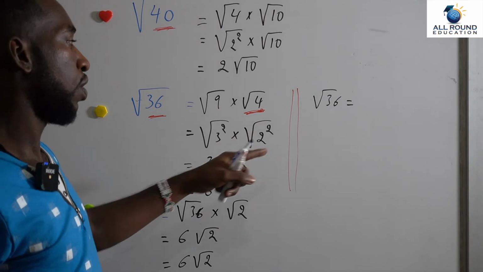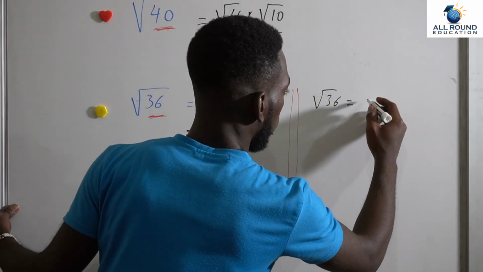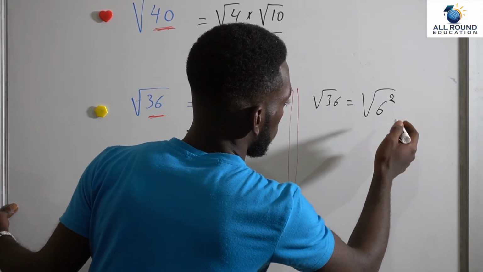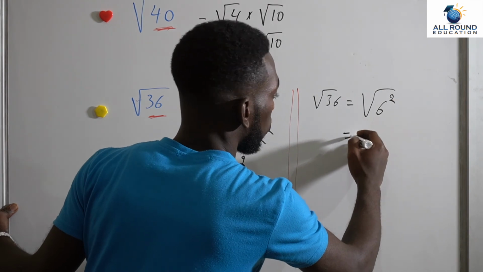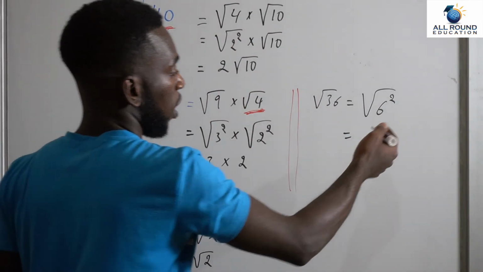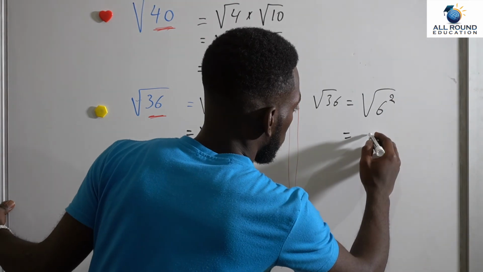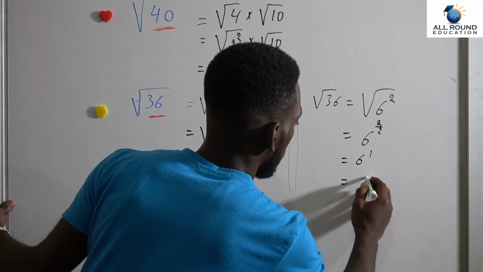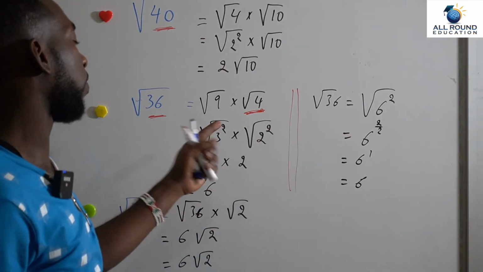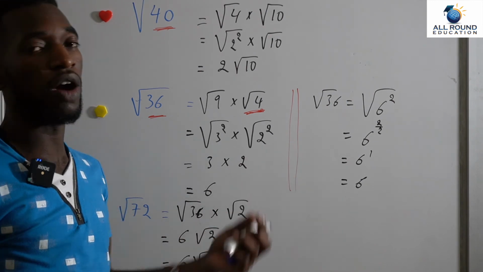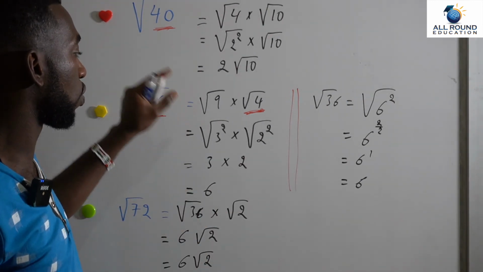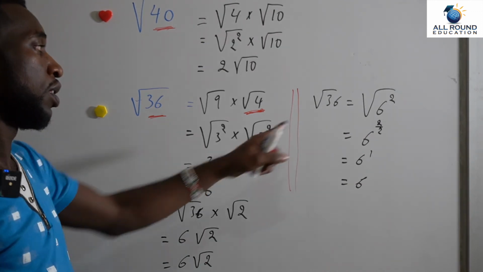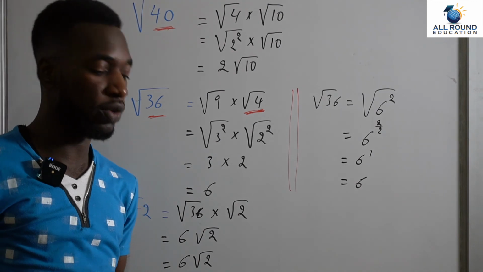So 36 could also be, just go straight forward, the same as 6 squared, because we know 6 squared is 36, and then because it's squared, we end up with 2 on 2, which is just 6 on 1, and 6 on 1 is 6, right? So this is another way of evaluating this, depending on how comfortable you are. But however, we recommend this so you can understand how it works, and then once you are more familiar and comfortable with this, then you can just go straight whenever you can, right?